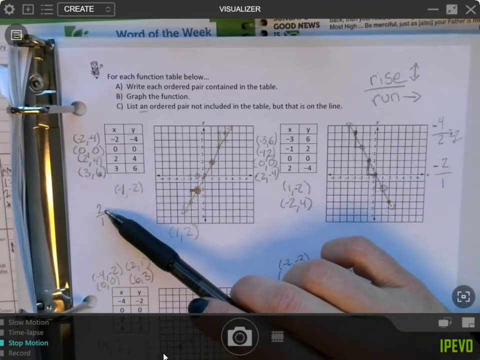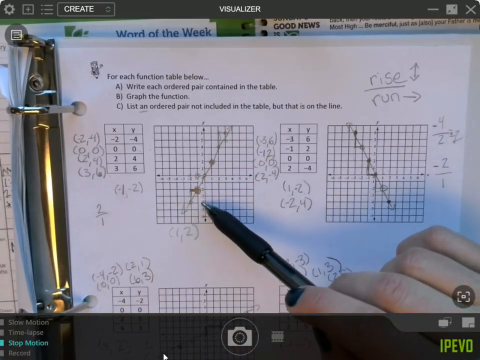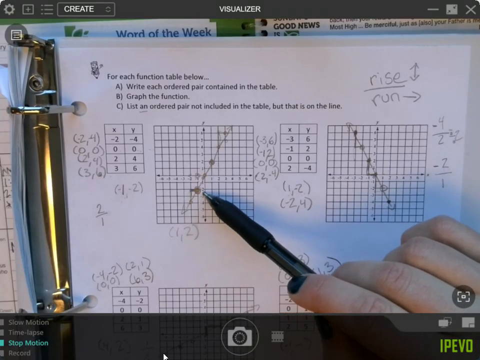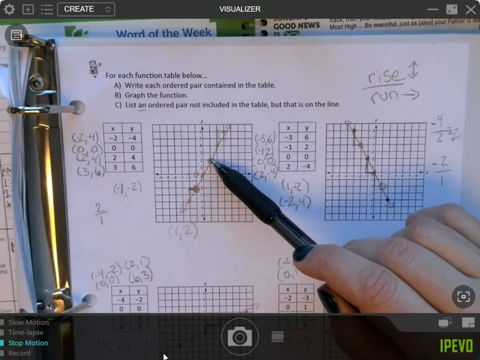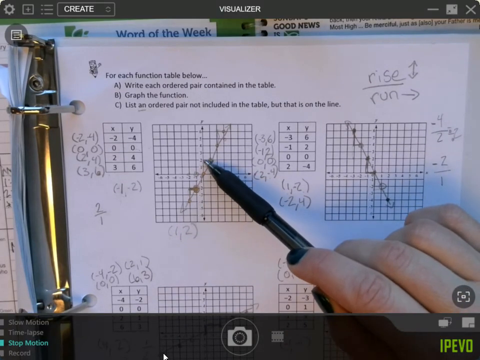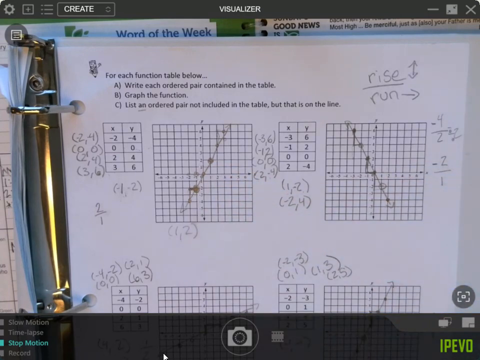Our slope was 2 over 1. And as I'm graphing it, I can see -1, -2 is on the line. I can see 1, 2 is on the line.